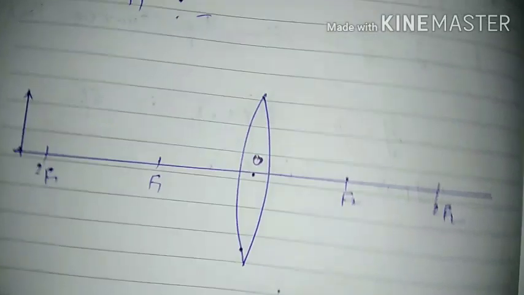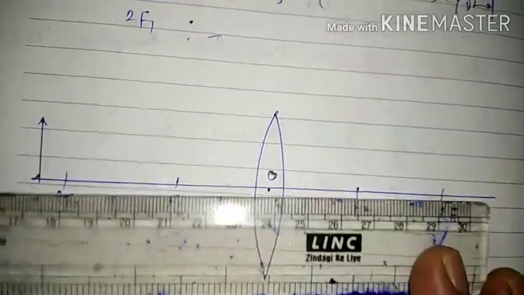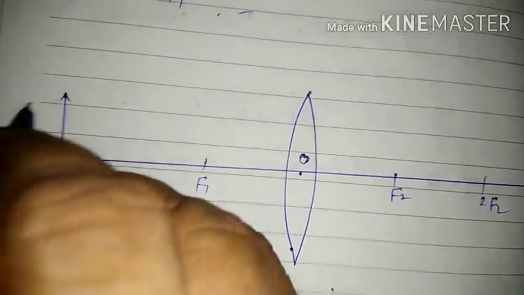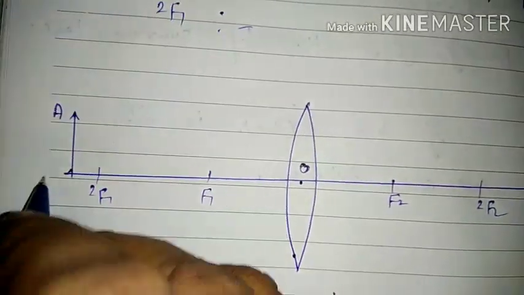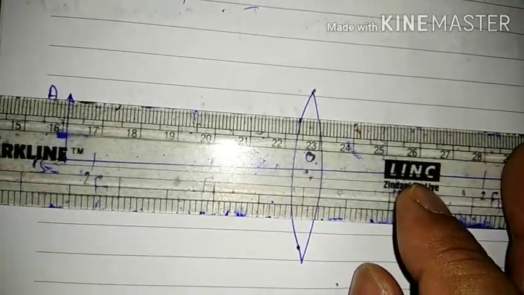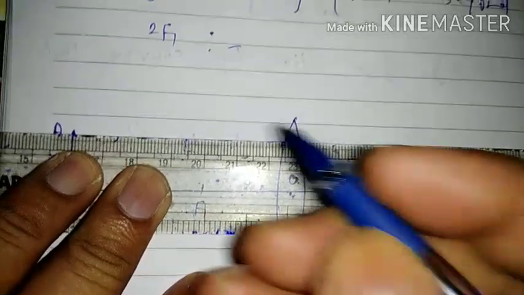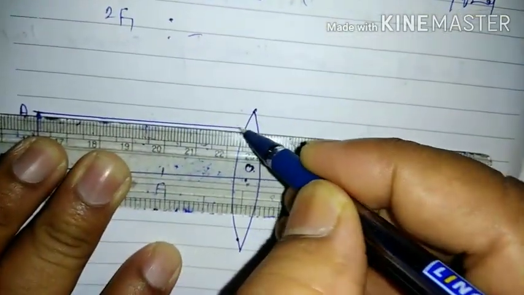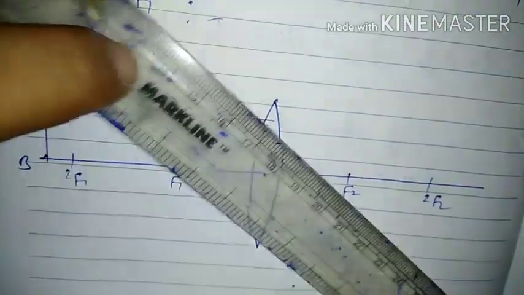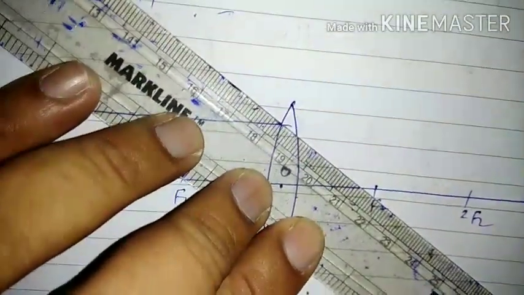So, as we had seen, we shall take always at least 2 rays. We take 1 ray, suppose this is our object AB. This is object AB. So, we take 1 ray parallel to the principal axis of this convex lens, and after refraction, this ray passes through focus F2.